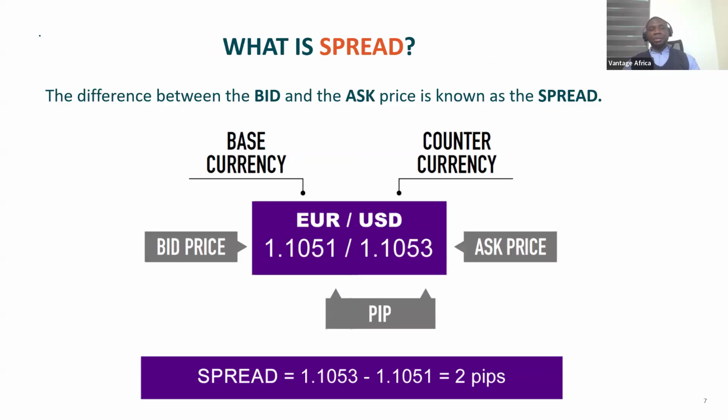So another terminology is what we call the spread. Now, spread is quite interesting because the spread is the charge, what you pay whenever you get into a trade. So it's something to watch for.